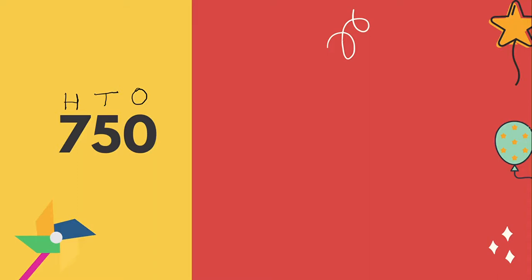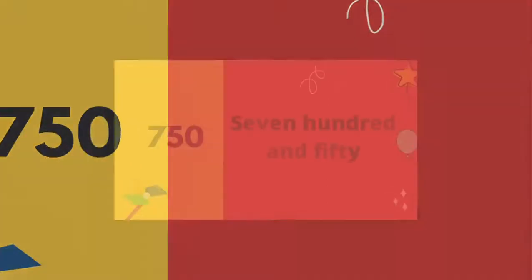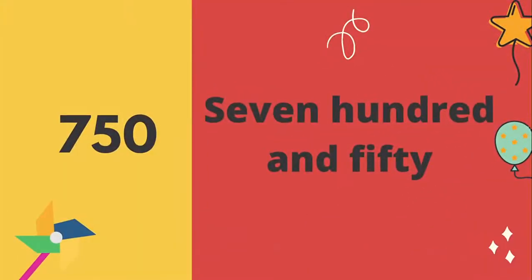Do you remember how? We are going to read the first digit first and the last two digits together. So what's going to be the number name for this numeral? It will be 750. Easy, right?